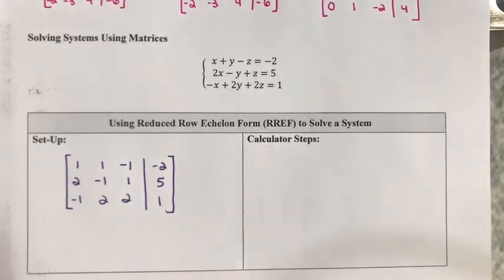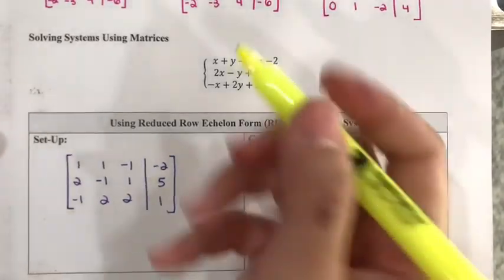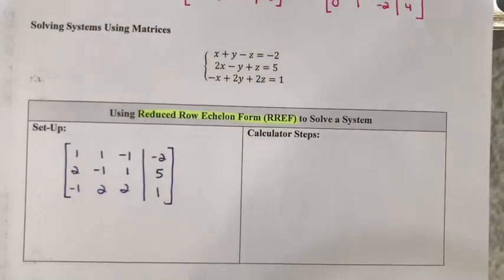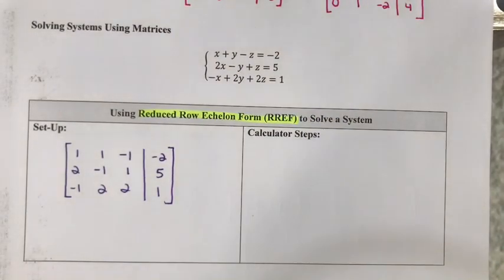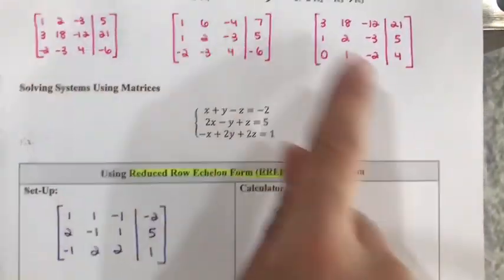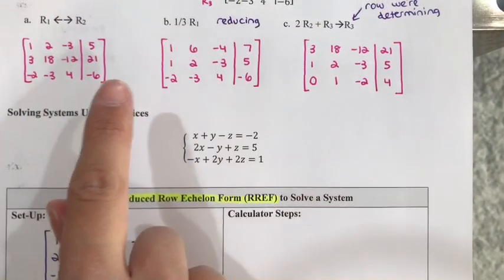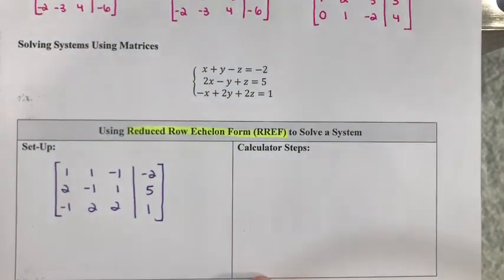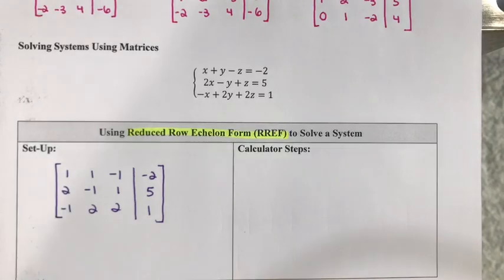So what we're going to be using is reduced row echelon form, RREF, to solve the system. Now, if we were to reduce this by hand, essentially we would be using our processes from up here to make the matrix look a certain way. And we'll see what that looks like in the calculator instead of doing it by hand, okay?